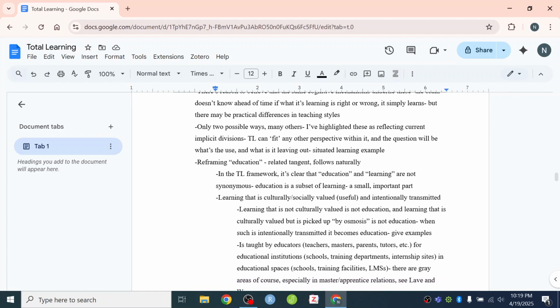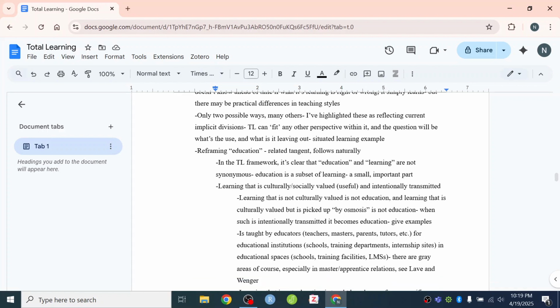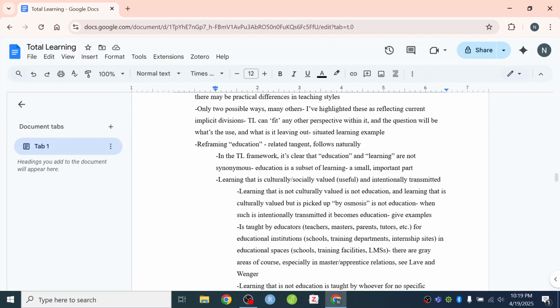Education, the type of learning that qualifies as education, is taught by, quote unquote, educators: teachers, masters, parents, tutors. It's taught by educational institutions: schools, training departments, internship sites. It happens in educational spaces: again, schools, the school building itself, training facilities, and within learning management systems in the online space.